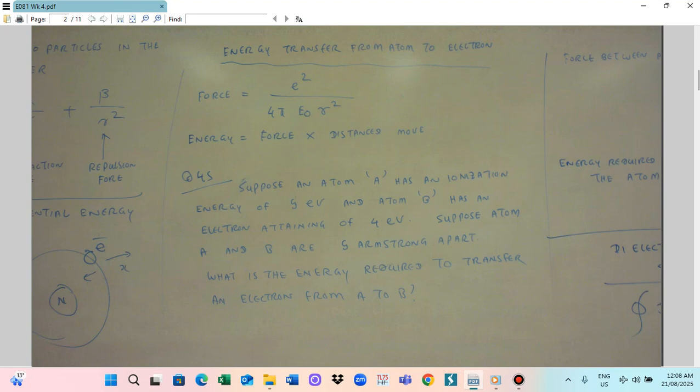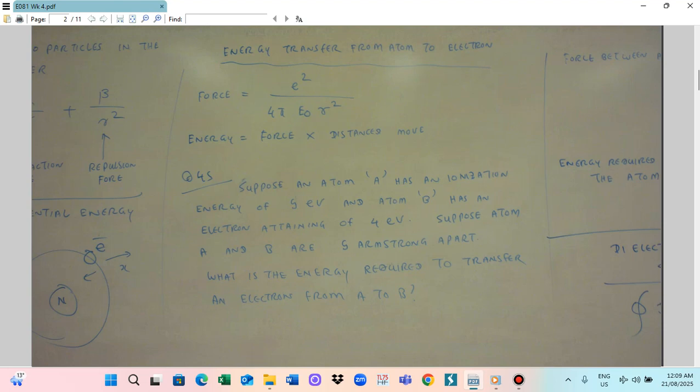Energy equals force multiplied by distance moved. The electron normally orbits, circulating the nucleus. When you move this electron onward or inward, the energy will be absorbed. The energy is absorbed to move the electron from one orbit to another orbit, one place to another place.